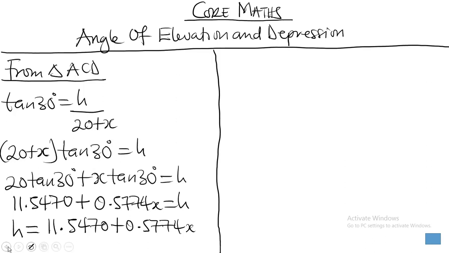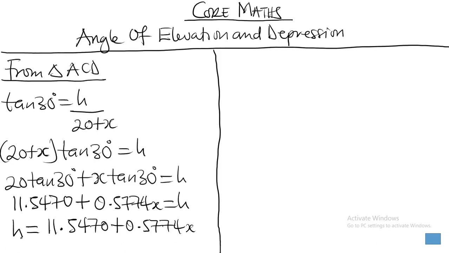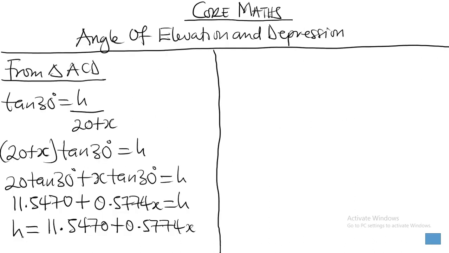But it will be easier for us to first find the value of x before we use it to find the value of H, because here we have H to be 1.7321x, and here also we have our H, so we can substitute the H in the first one in place of the H here, so that we'll have this equation in terms of only x.